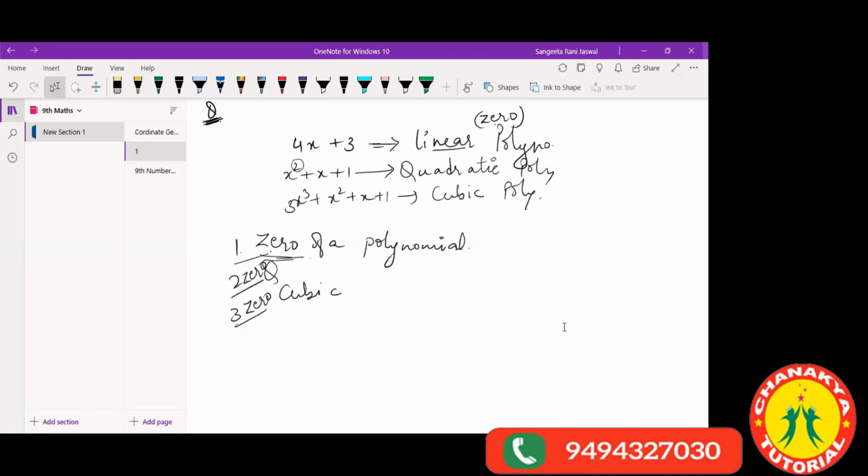Yes, ma'am. Great. Now moving to zeros of a polynomial, exercise 2.2. We'll do some questions of 2.2, and the remaining ones you will do. And please do the examples of the book also. Examples of the book are very important.